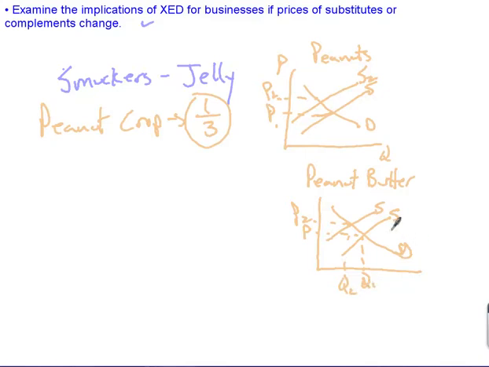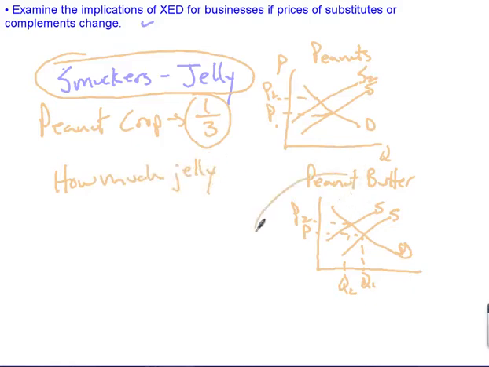And so if you're Smucker's jelly and you're sitting there watching what's happening in the peanut market and then the peanut butter market, it's definitely going to affect you. And so if you're the manager and you're trying to make business decisions on how much jelly to produce, then you're going to want to know the relationship between peanut butter and Smucker's jelly.